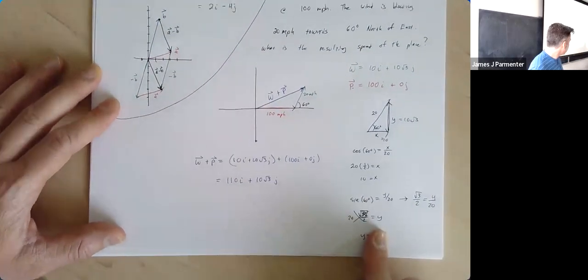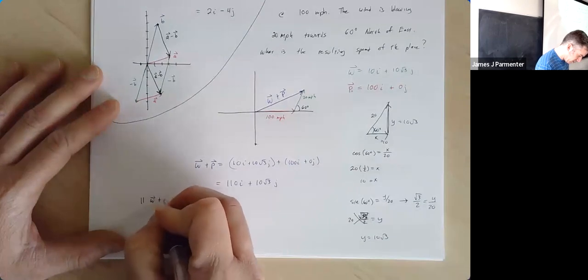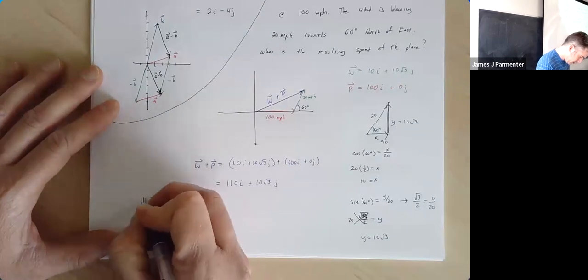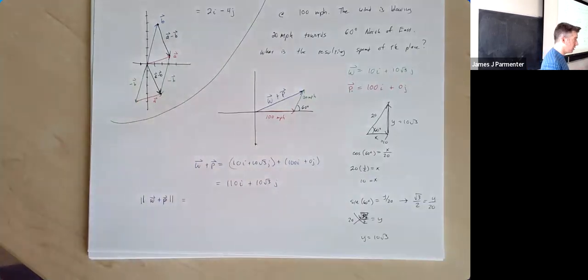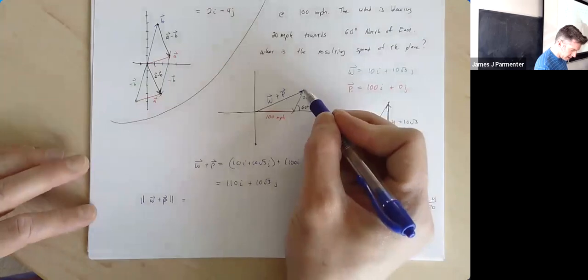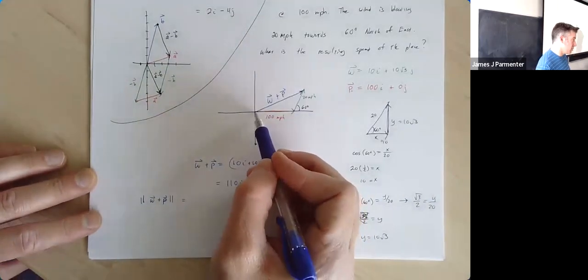And then to find the magnitude of that vector, the magnitude of the vector w plus p is going to be, the magnitude of a vector is always just the square root of the squares of each component added together. In other words, it's the distance formula, where your end point is 110 to the right, 10 root 3 up, and your beginning point is 0, 0.